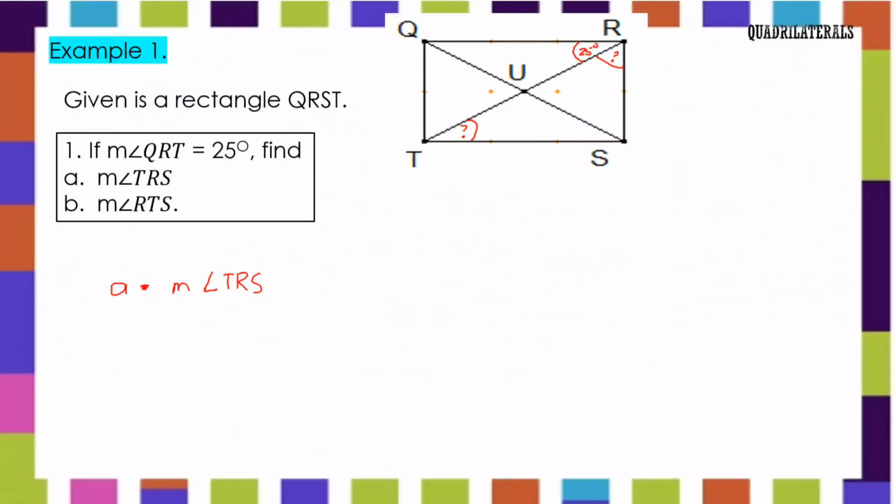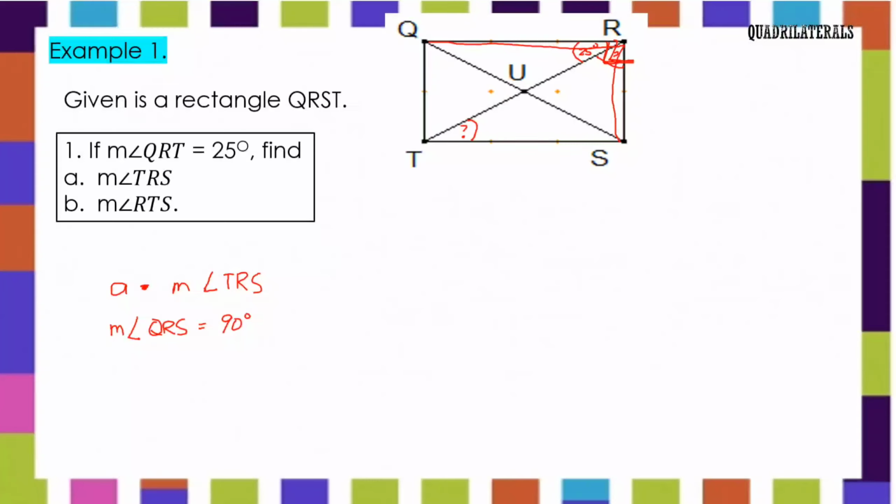TRS. So, we all know that the measure of angle QRS is equal to 90 degrees. Ito, yung QRS. Okay? That is a right angle. Why? Kasi ito ay isang rectangle.